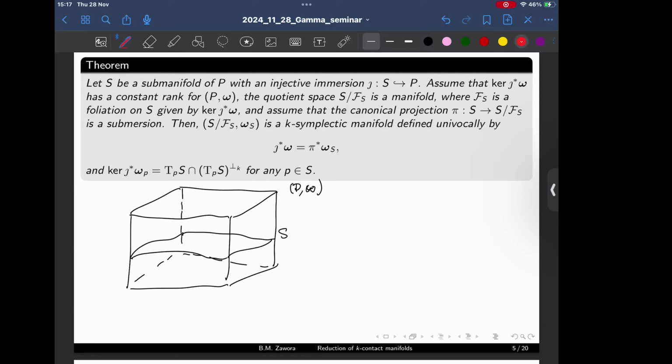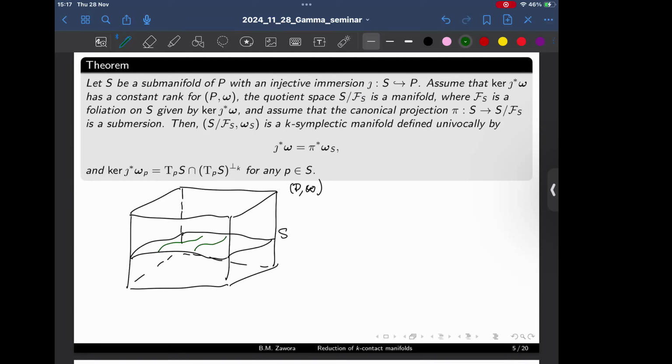It defines a foliation F_S on S, and we assume that the canonical projection from S to S divided by this foliation is a submersion.